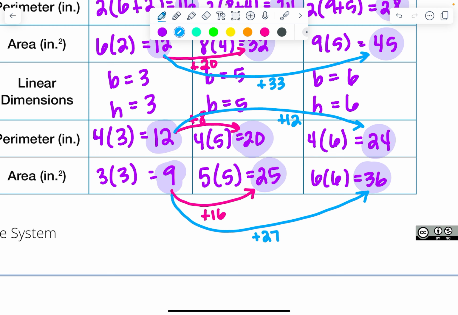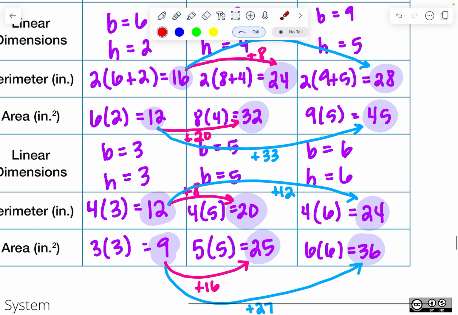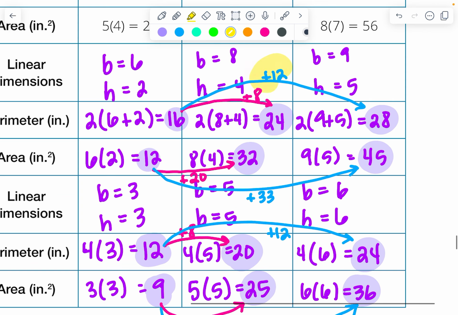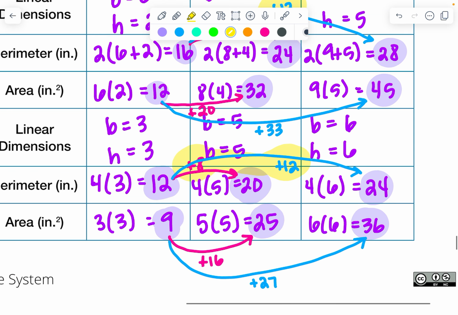So as you can see, it's not the same as the difference of the areas for rectangle 2. So the perimeter did increase by the same amount, but the area did not. It does increase, but it's not by a consistent amount, and it's definitely not increasing by a factor. We're not multiplying anything this time.